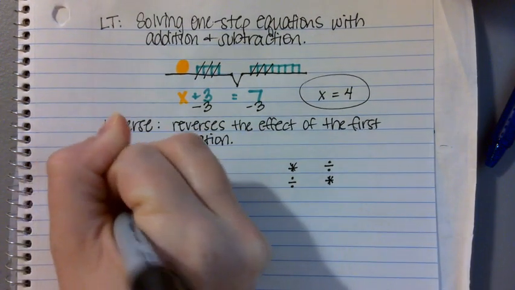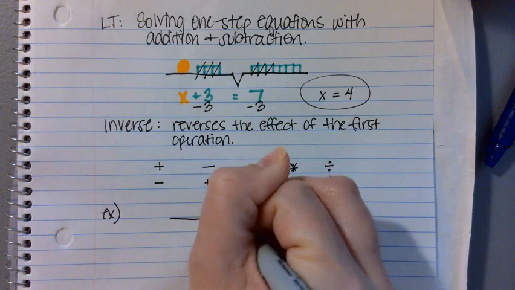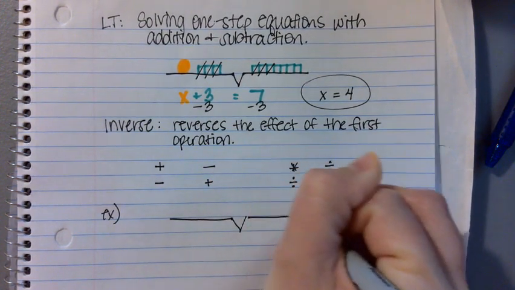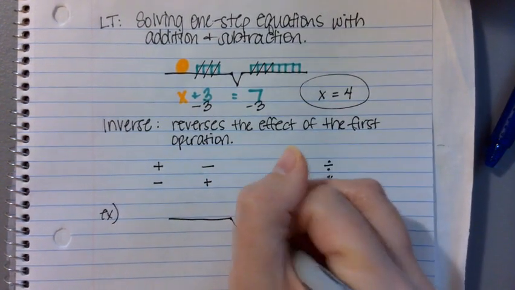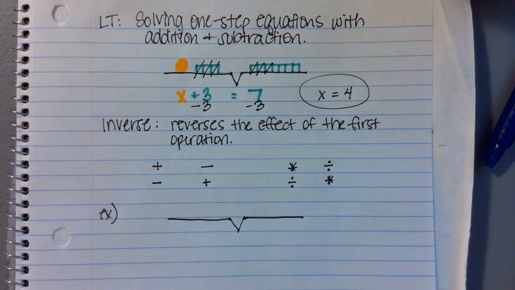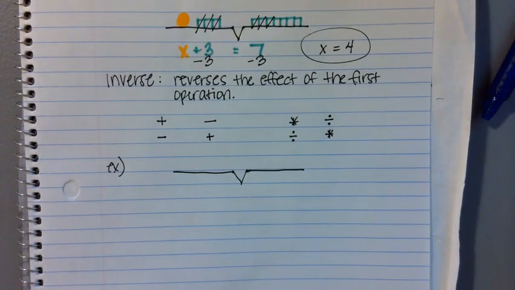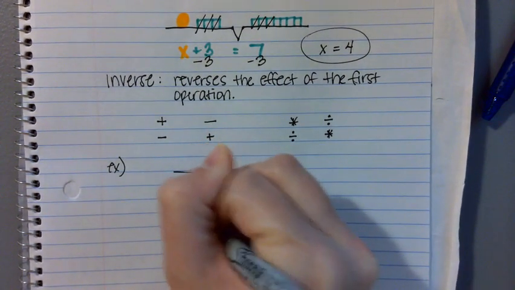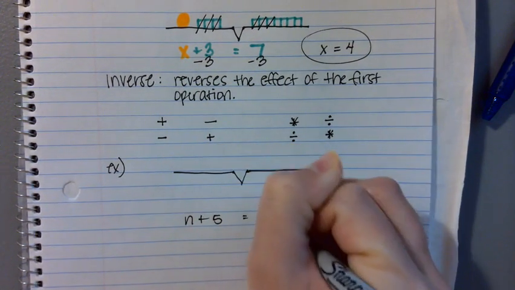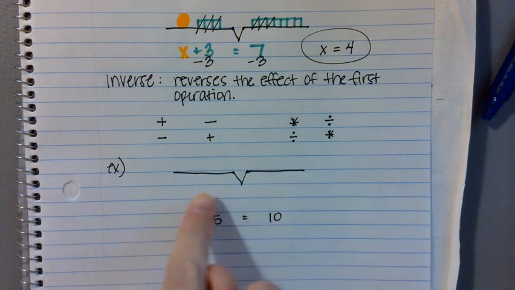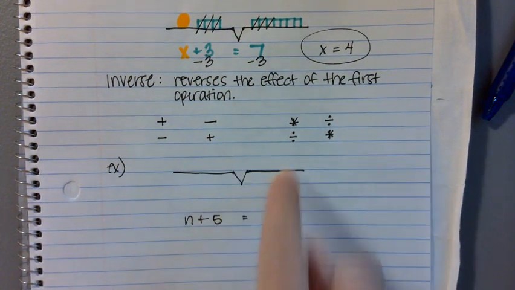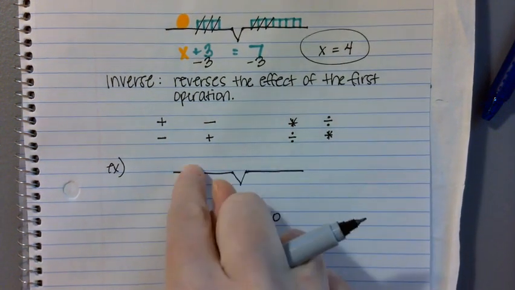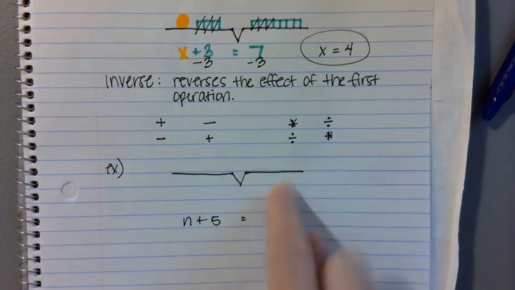So I have another example here, and I am going to draw my balance beam and my model so you can see the relationship between my model and my mathematical equation. So if I have the equation n plus 5 equals 10, I'm lining it up so that one side of the balance beam has n plus 5 and one side has 10.